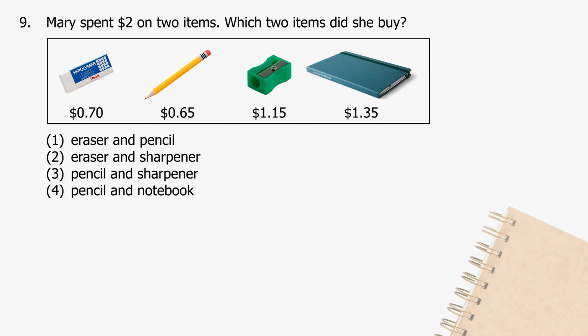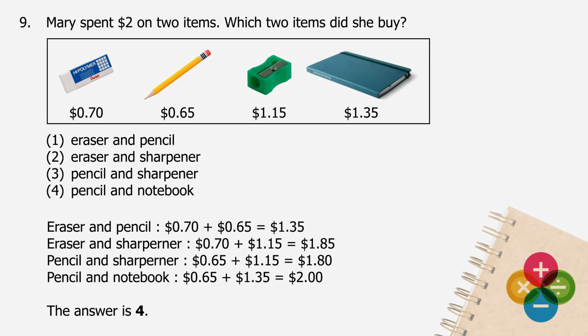Question 9. Mary spent $2 on 2 items. Which 2 items did she buy? The cost of eraser and pencil will be add 70 cents to 65 cents, and the sum is $1.35.